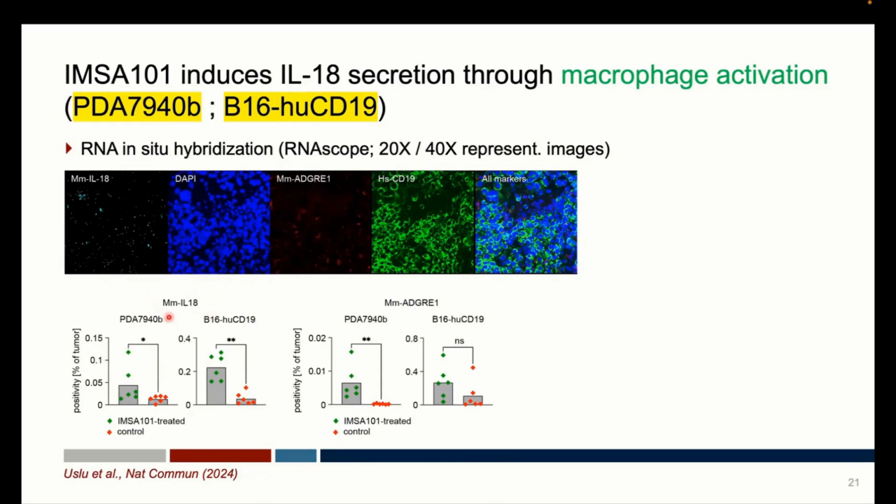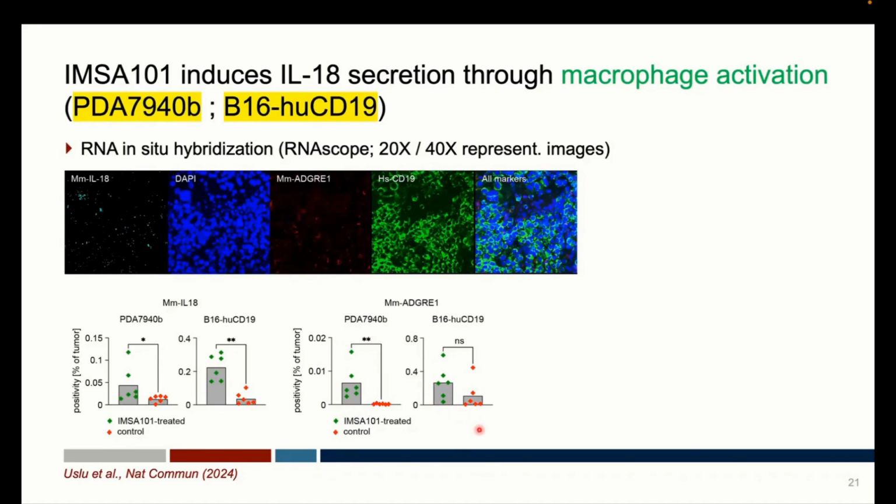You can see, which confirms our cytokine data which I showed in the previous slide, that in both animal models, in the PDA as well as in the B16 tumors, we could detect significantly higher levels of IL-18 transcripts in STING agonist treated cohorts when compared to control tumors which did not receive the STING agonist. And when we quantified the macrophage transcripts, we could also see, which confirms our flow data and the IHC data, that there were higher transcripts for macrophages in the STING-treated cohorts in both animal models when compared to control tumors.